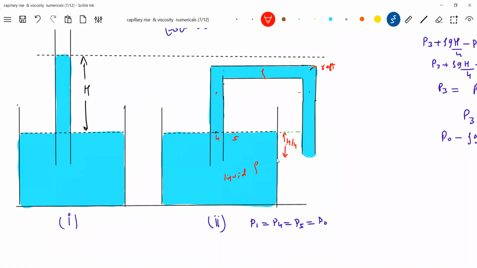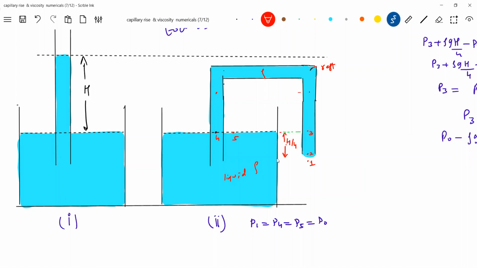The opening is at h by 4. So again, we'll proceed in a similar way. 1, 2. Let this be 3. Can you say anything about the pressure at 1, 4, 5 being equal to P naught? The same story again. What is the state of the liquid?